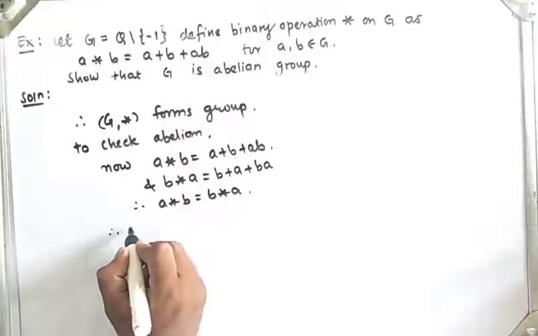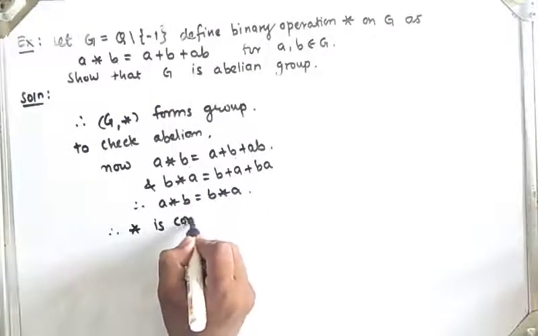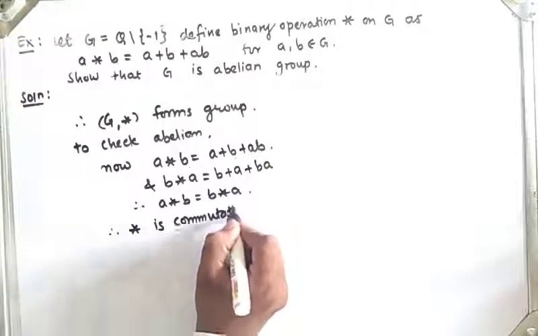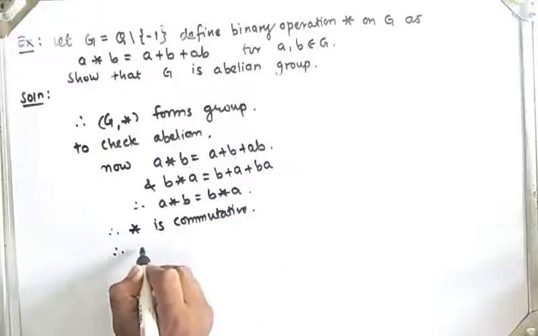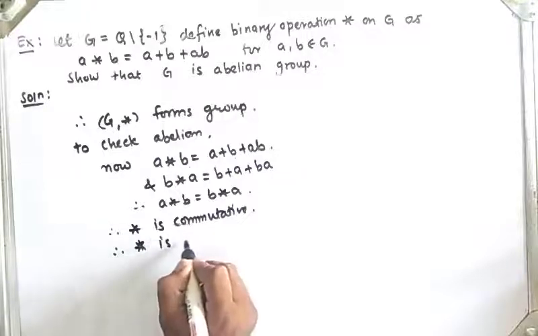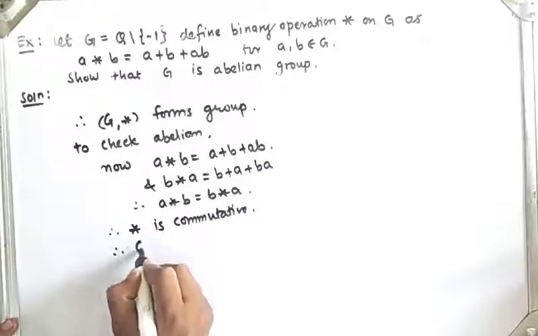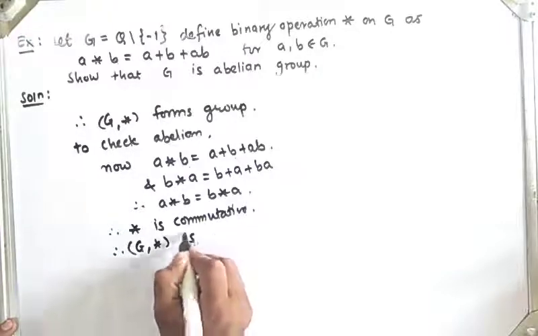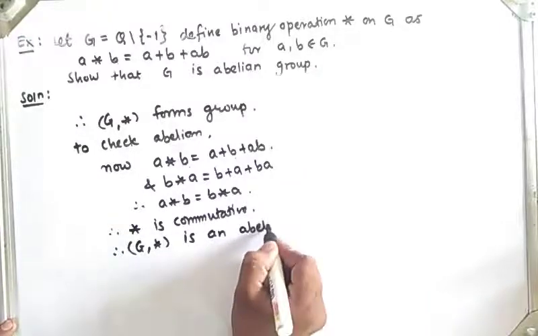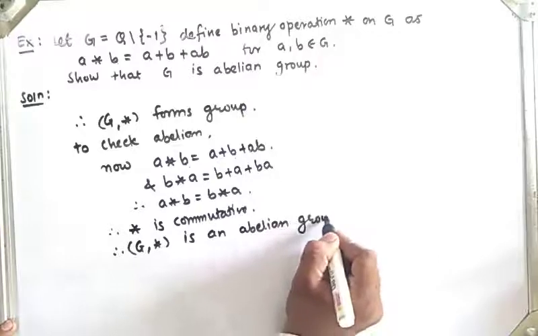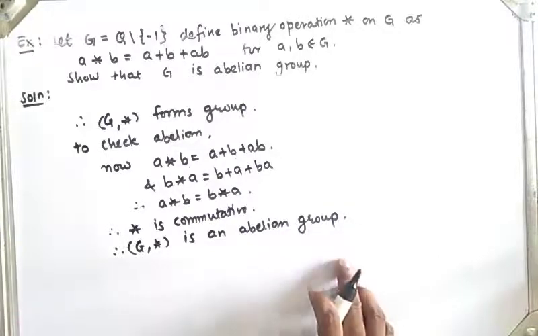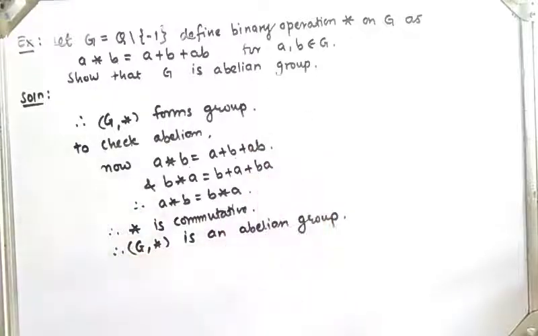Which means star is commutative, therefore star is an abelian group. So we say G under binary operation star is an abelian group, right? So this is the proof of that example, where G is Q minus singleton minus 1, defined by A star B is equal to A plus B plus A into B.